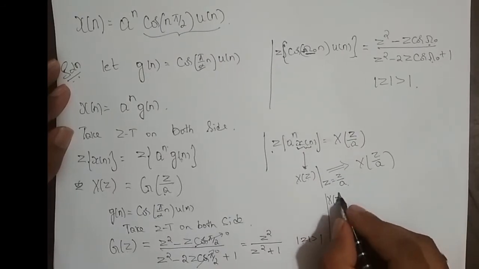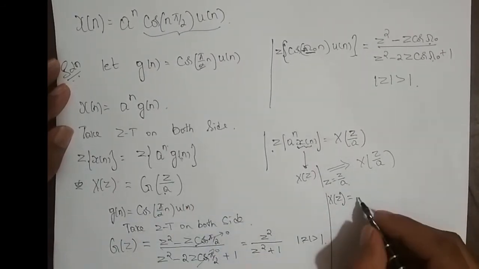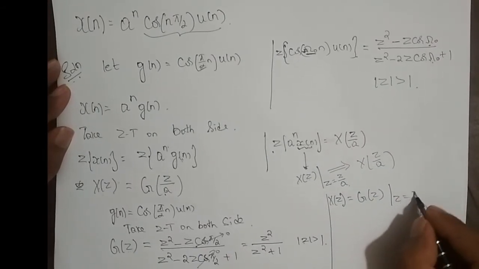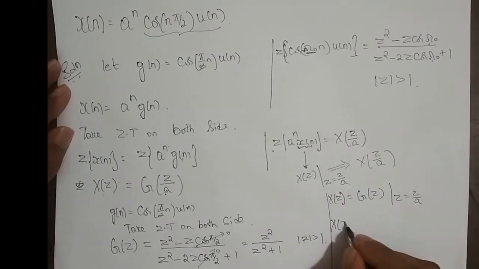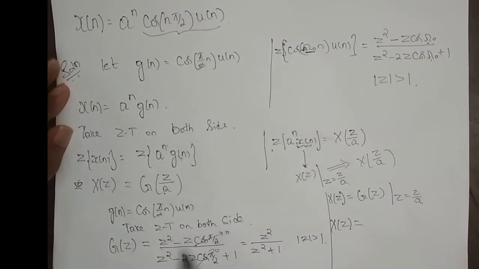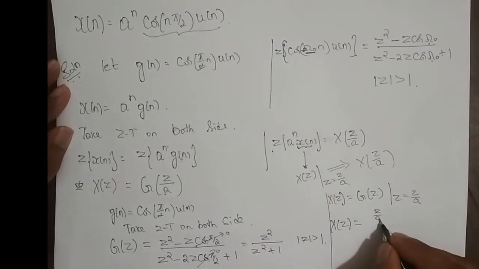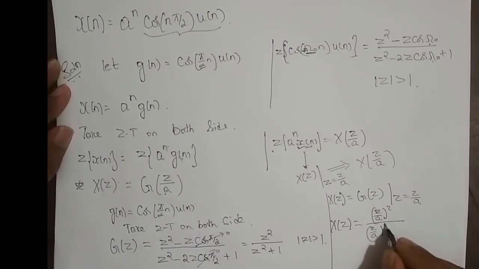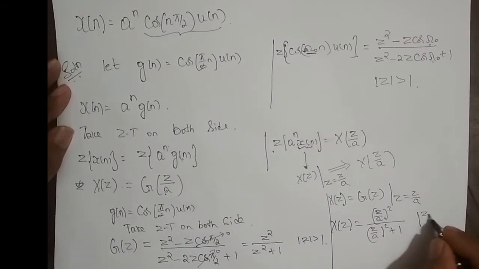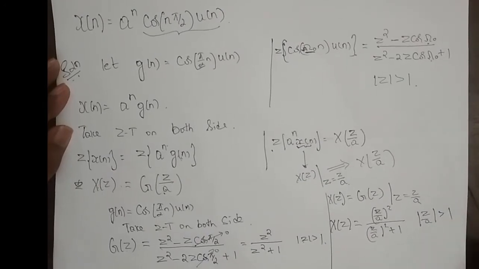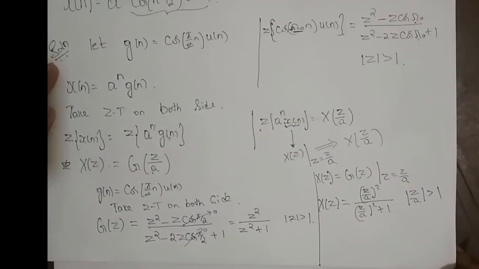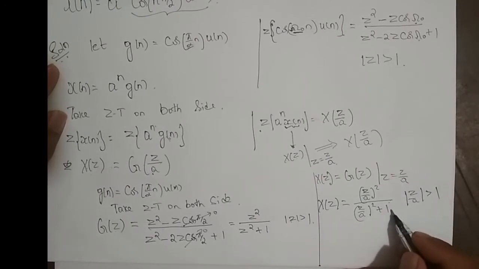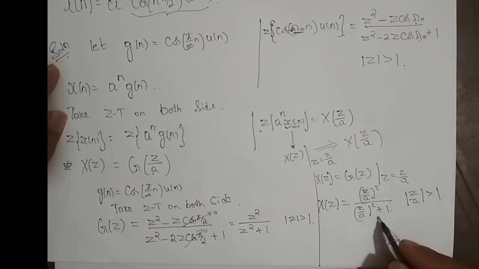X of z is equal to g of z by a. So g of z at z equal to z by a. So x of z is equal to z by a whole square whole divided by z by a whole square plus 1, with magnitude of z by a greater than 1. Right? Okay. If I simplify this, if I multiply a square here, I can take a square common in the denominator.